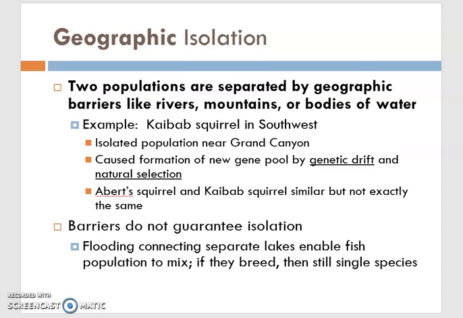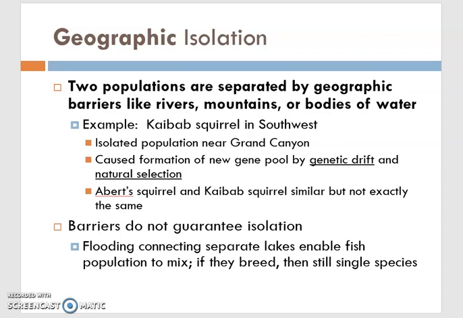With geographic isolation, we're talking about populations that are separated by barriers like rivers, mountains, or bodies of water. And so what happens is that this is going to cause the gene pools to be separated. So these no longer interbreed, and even though the barriers don't guarantee isolation, typically the populations become different enough over time.